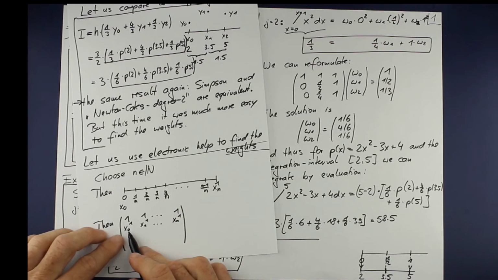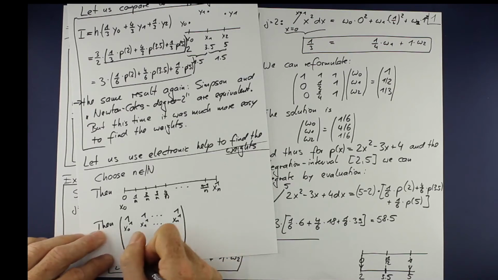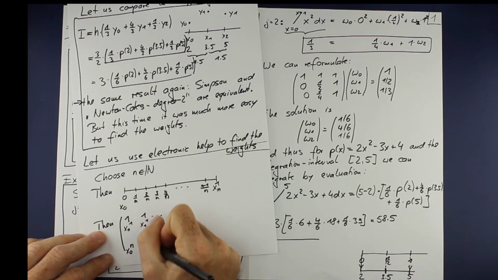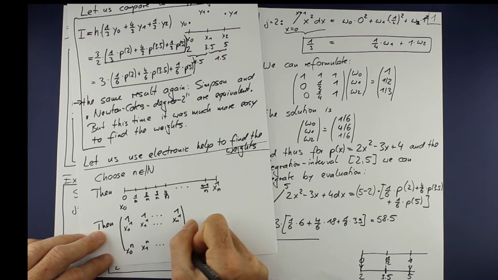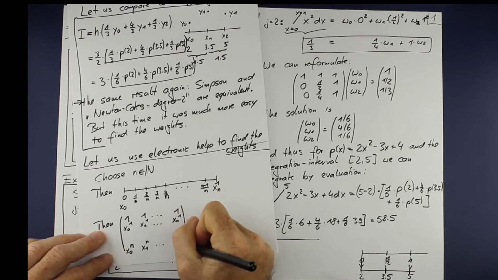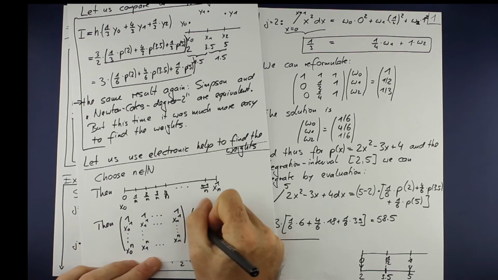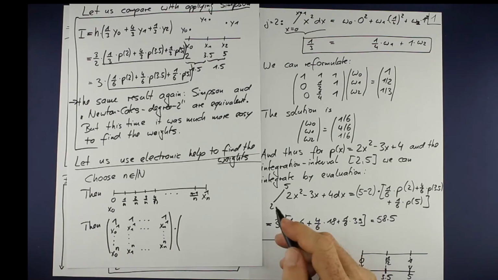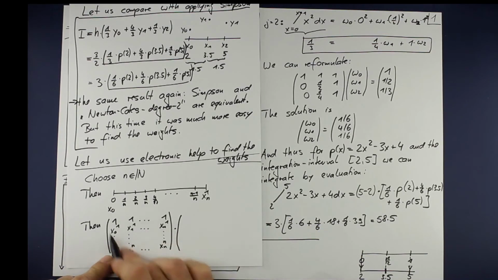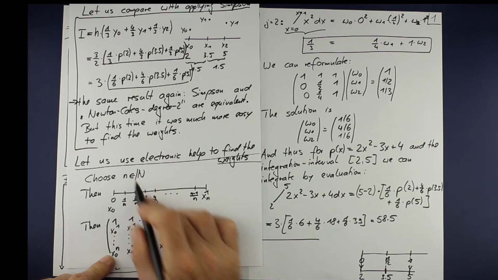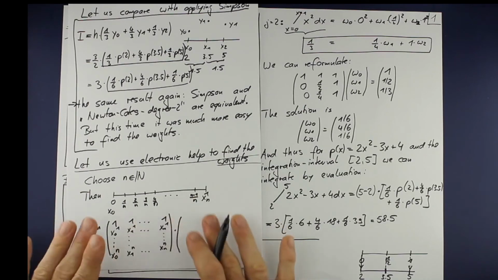Then the next line, x0 to the second power, x1 to the second power, xn to the second power, and the last line always x0 in that column to the nth power, in that column always x1 to the nth power, and in the last column always xn to the nth power, times our weights which we want to find. It's clear these are numbers. If you have chosen n, these are all numbers, no x.